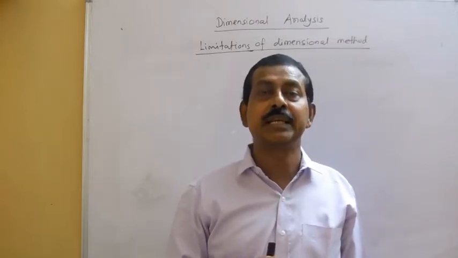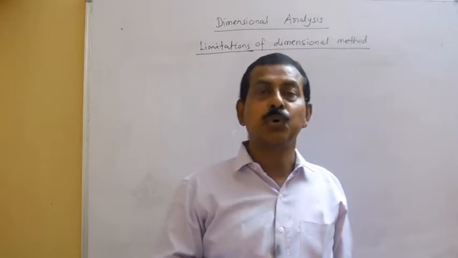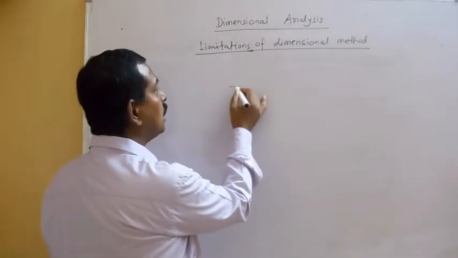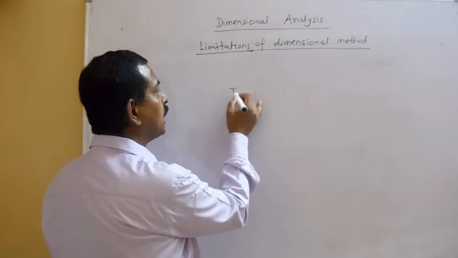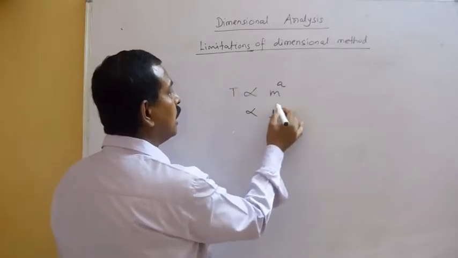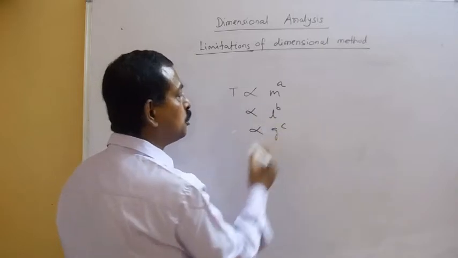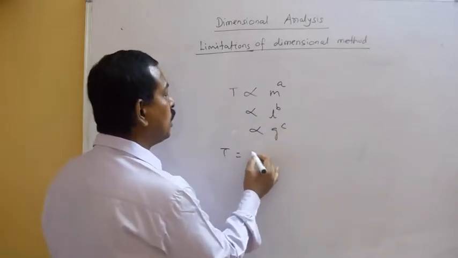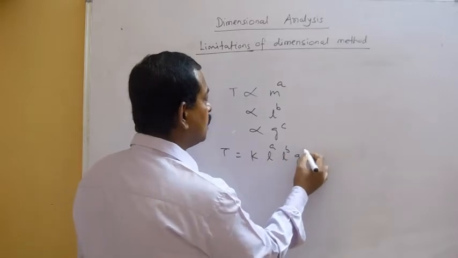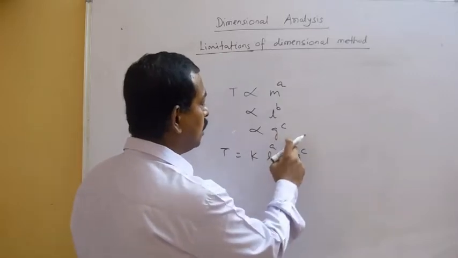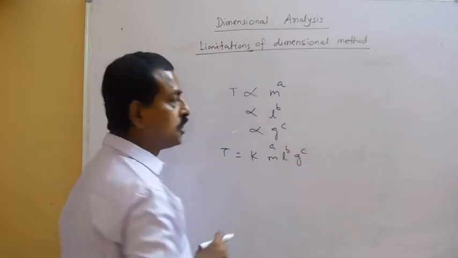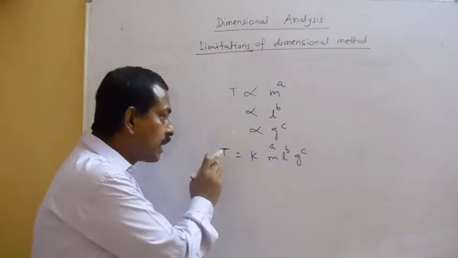Now why are we saying this? Suppose you have a particular function, like for this one, we have taken time period depending upon mass, length, acceleration due to gravity. So our relation will be like T proportional to M power A, L power B and G power C. To get the relation, what do we do?